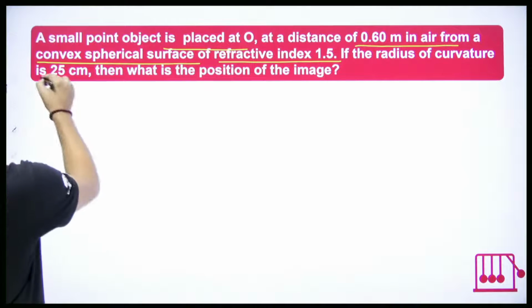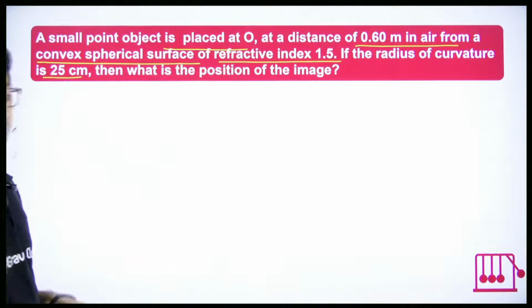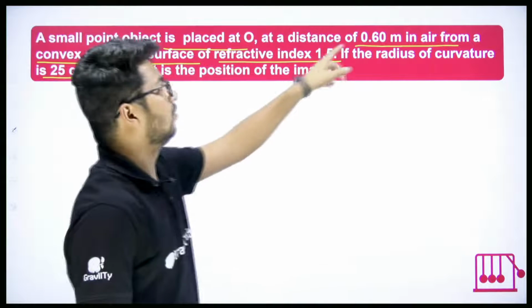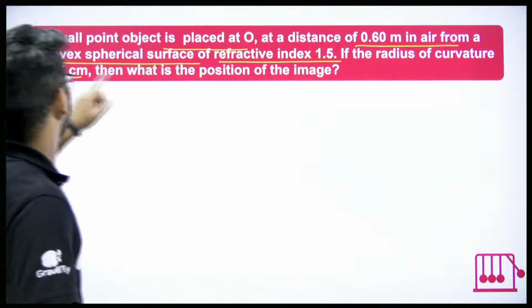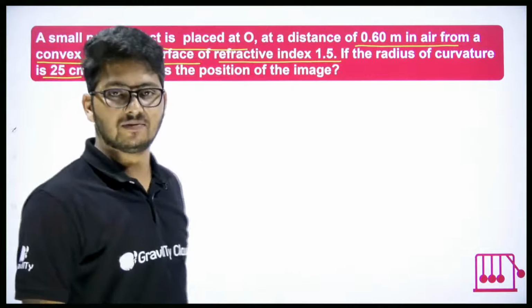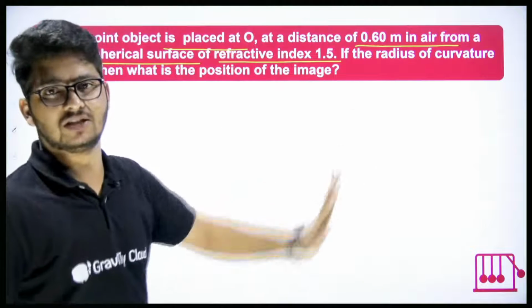If the radius of curvature is 25 centimeter, what is the position of the image? Object distance is given, radius of curvature is given, refractive index of the medium is given. We have to find the image distance.